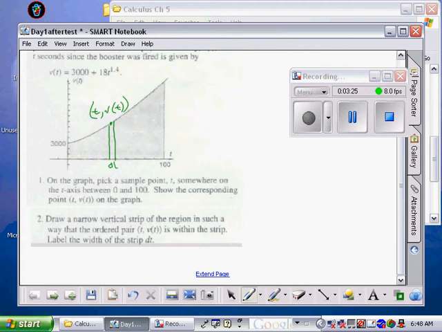But we're going to label this down here as dt. It's one little strip of the graph. Is everybody okay just getting that stuff labeled? That's actually something you have to do on your quiz, believe it or not. You have to draw a strip and label it.